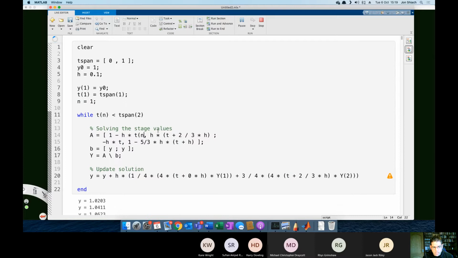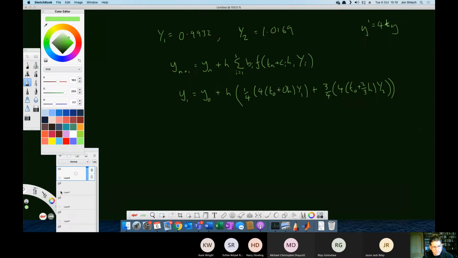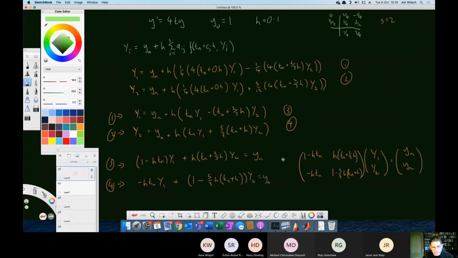So wherever I've got t, I need to change that to the nth value of t. That is our coefficient matrix. Likewise with our b vector, our right hand side vector. If we go back to this layer, you can see that was the right hand vector there.